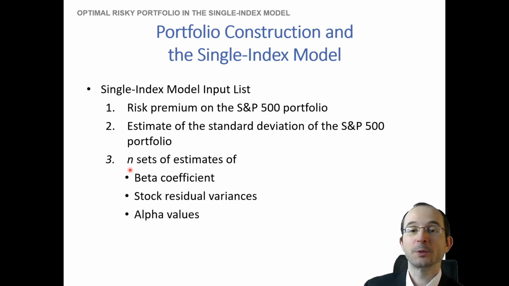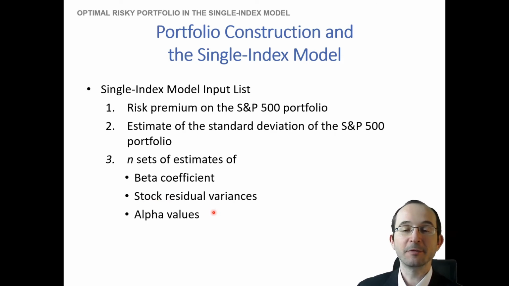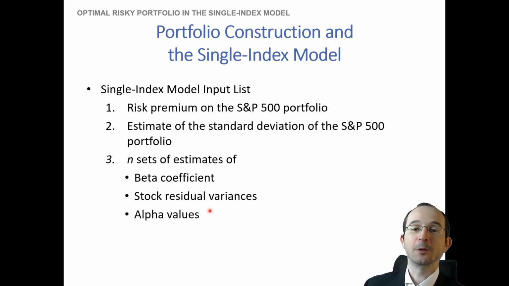If we want to add another asset to our portfolio, we just need to estimate its beta, its alpha, and get those regression residuals, in other words, the error terms from our model, to estimate the firm-specific risk. And that's all we need to do. We don't need to go through the portfolio theory process of estimating a covariance of this new asset with each of our prior assets. That's the big savings here.